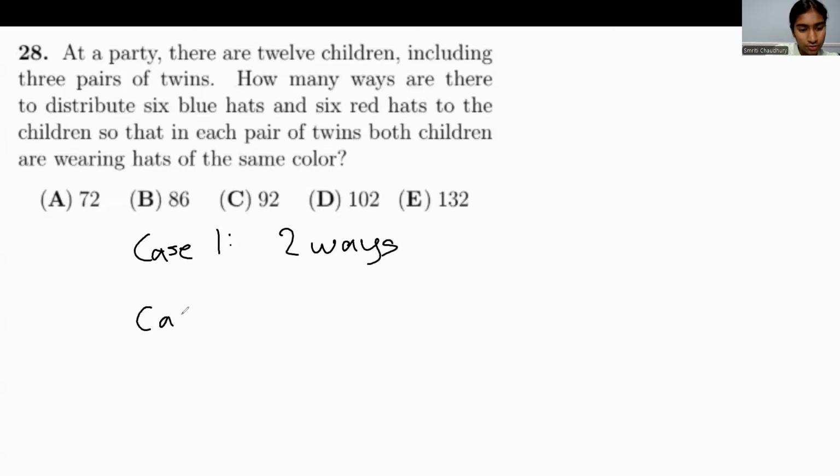Case 2 is that for the twins, 2 pairs of twins have one color and one pair of twins has the other color. So we've got 2 in one color and 1 in the other.